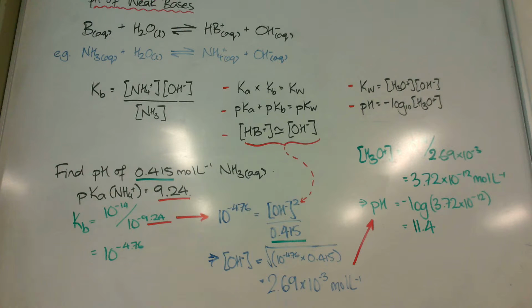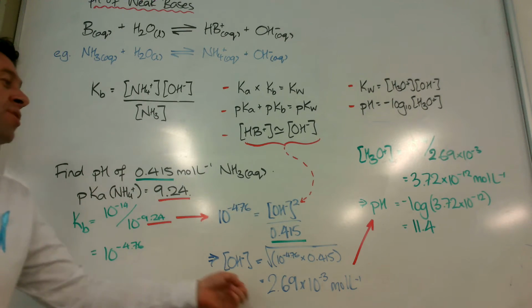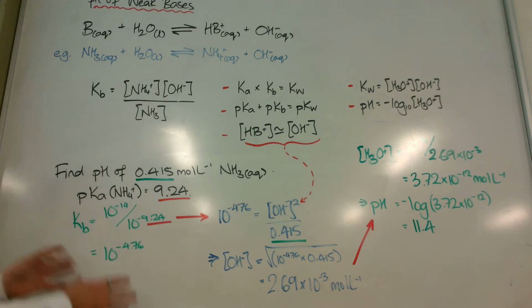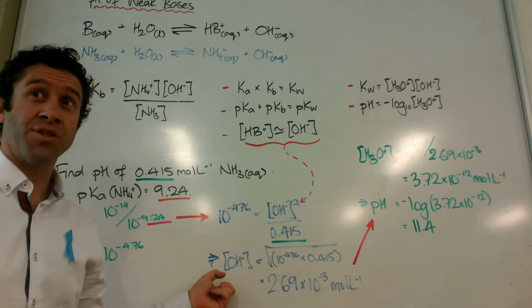Now that's hydroxides. Hydroxides don't give me pH. They give me pOH, or they give me my hydronium ion concentration by doing some calculations. So you can see why these are excellent questions, can't you? The next thing you have to remember to do is what to do with that number. So I've got my Kb, which has allowed me to get my hydroxide concentration.